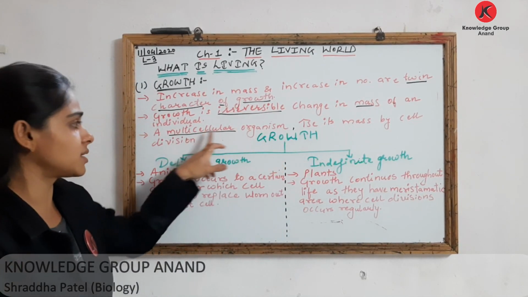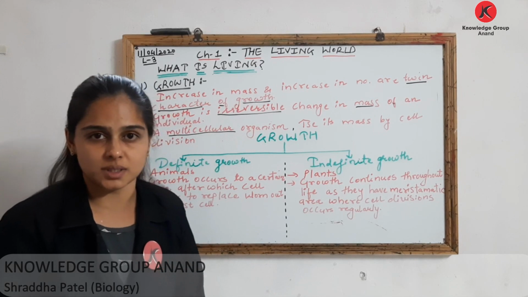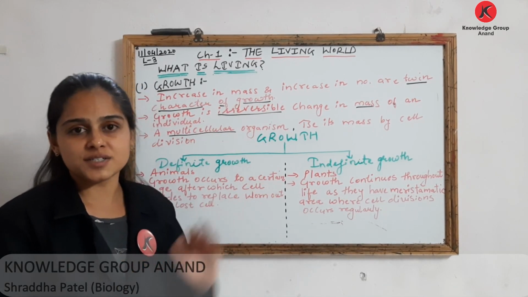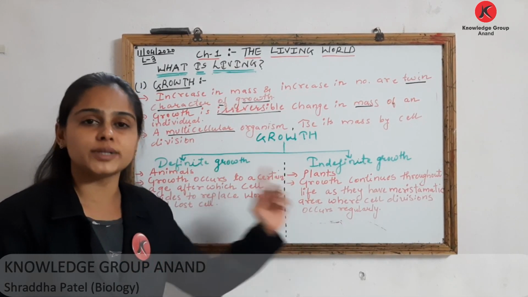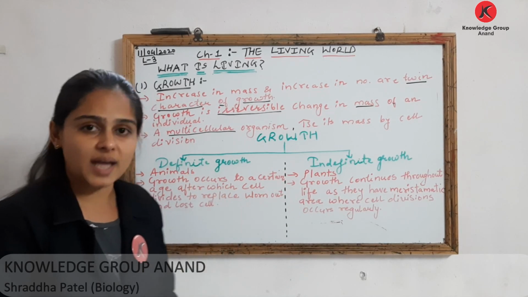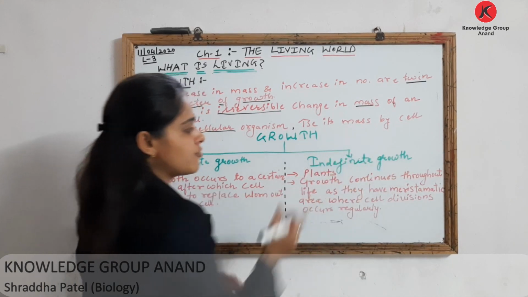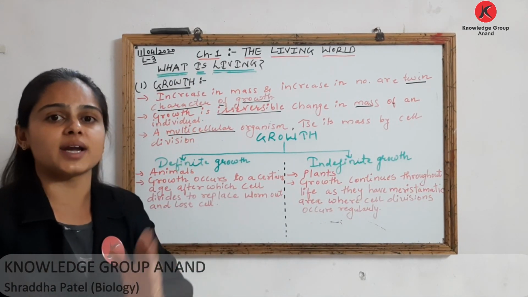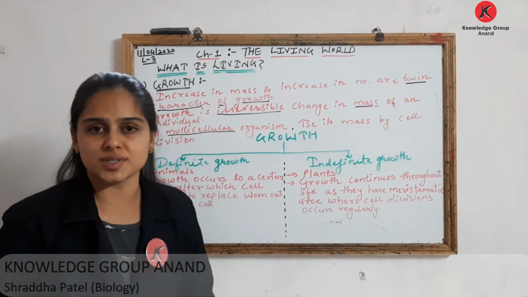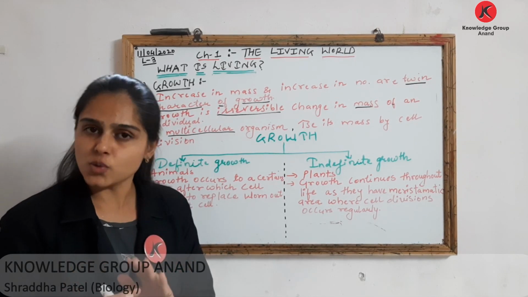तो यहाँ पे हमने बात करी मल्टीसेल्युलर ऑर्गेनिज्म की. Now I have classified growth into two types as you can see over here. That is number one, your definite growth, and the second one I have mentioned over here is indefinite growth. What is the meaning for the same? The meaning is very simple.